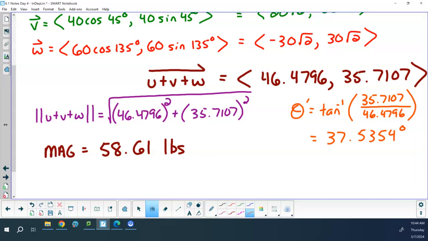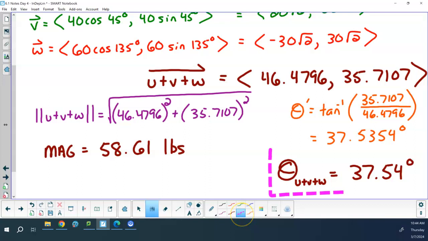This vector is in quadrant number 1, so that is my direction angle.